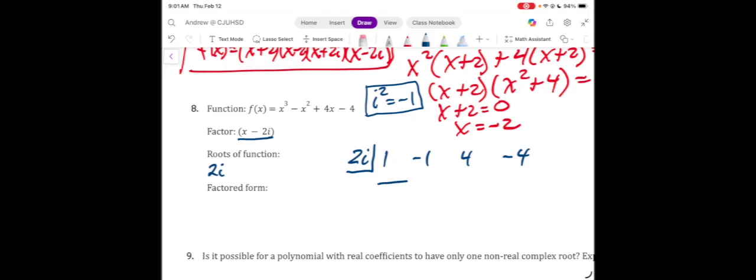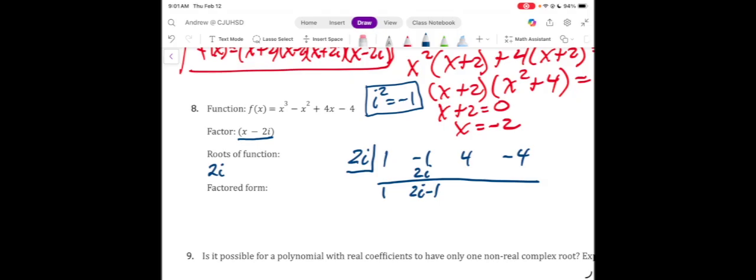All right, so let's try it. Bring down the 1, you get 2i. Then you're just going to have to write 2i minus 1. Now, that's a complex number. It is thought of as a single number, 2i minus 1.